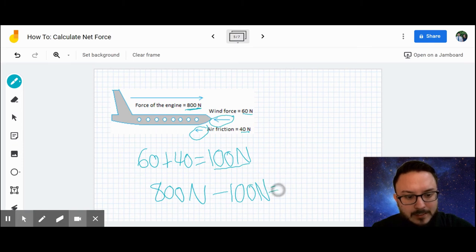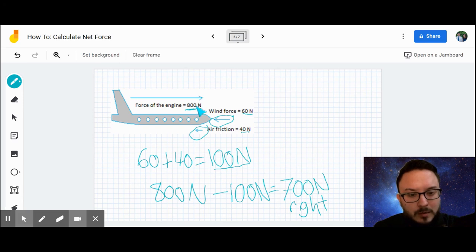And that's going to equal my overall net force, which in this case is 700 newtons. And it's going to be to the right, because overall I have more force here pointing to the right. And it's as easy as that.